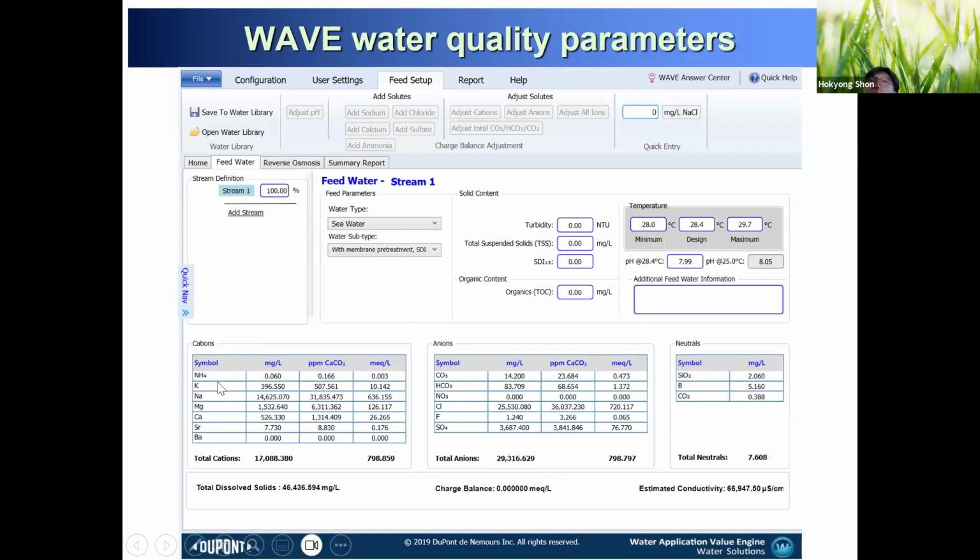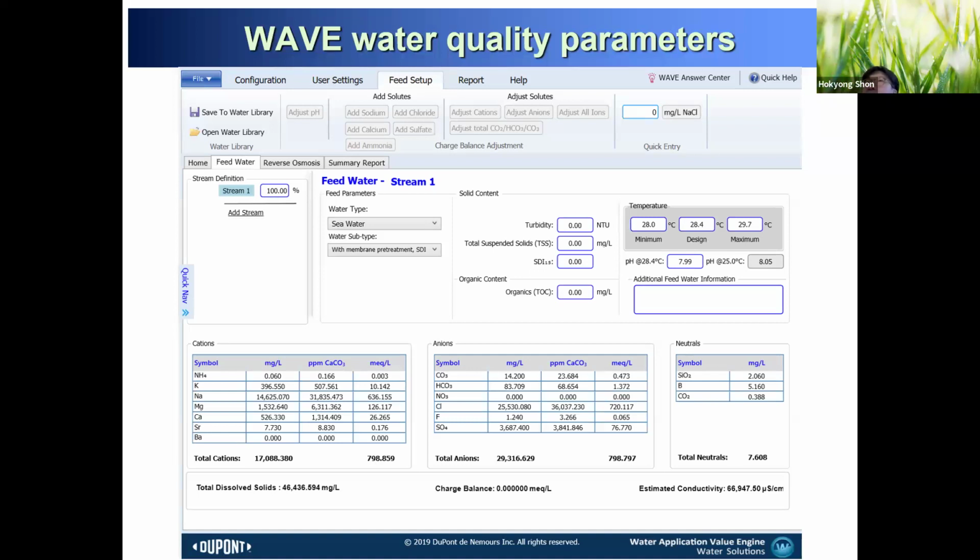Water has cationic compounds, anionic compounds, as well as neutrals. The neutrals are a problem because they are very difficult to remove because they have no charge, and no charge means they easily pass through the reverse osmosis membrane. But if you have charge, like sodium, chloride minus, they can easily be removed by the reverse osmosis membrane because of the Donnan effect and charge effect.